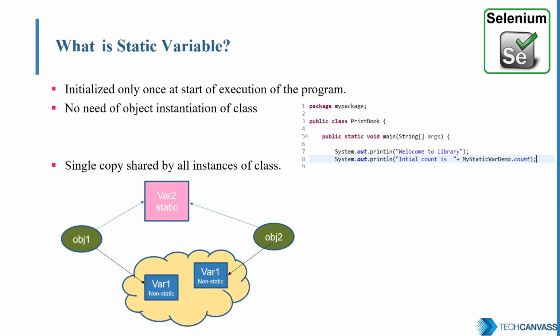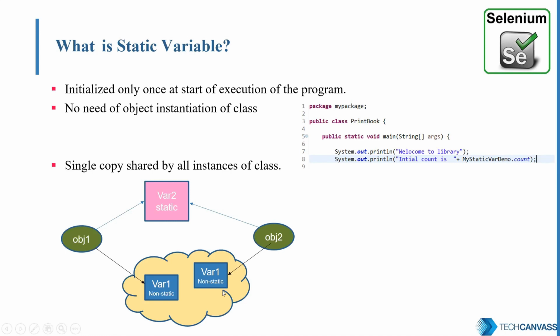This is explained in the diagram below. I have a class for which I have created two objects, object 1 and object 2. This class has two variables. Variable 1 is non-static and variable 2 is static. If I make any changes in variable 1 for object 1, those changes are not reflected for object 2.